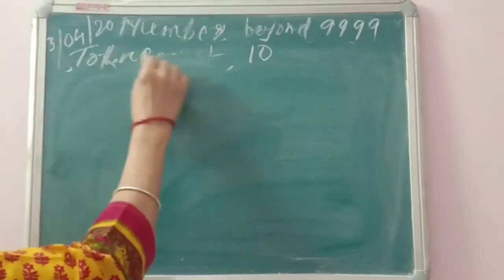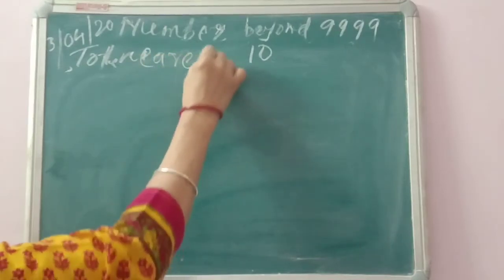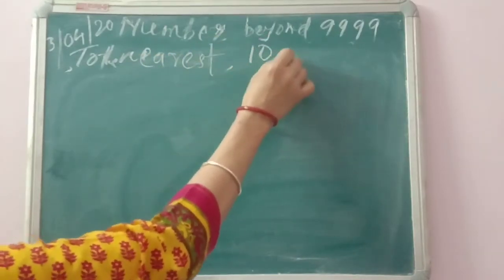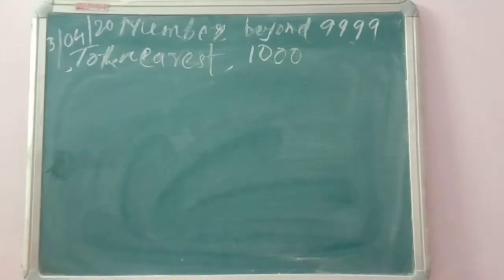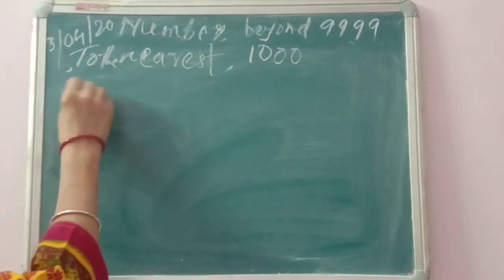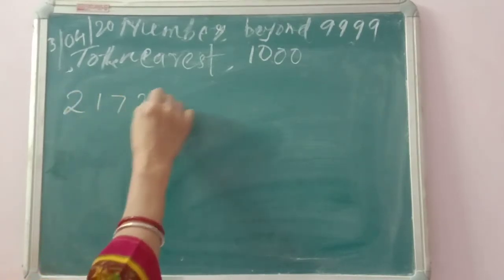Now, let's see the rounding of numbers to the nearest 1000. I'll take any two numbers.